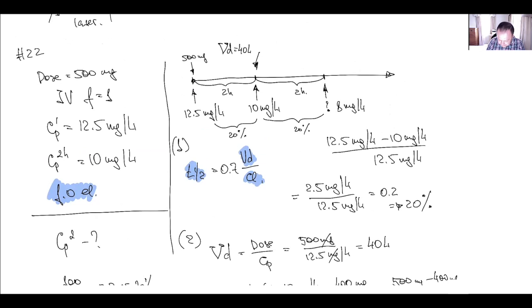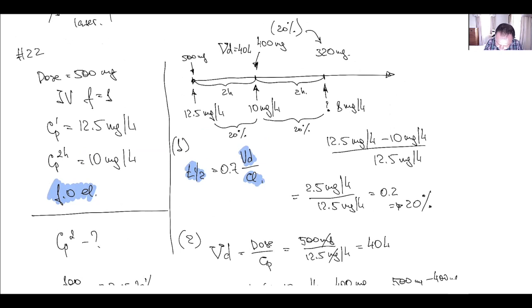So here we had 400 milligrams, and in the next 2 hours, 20% will be eliminated.